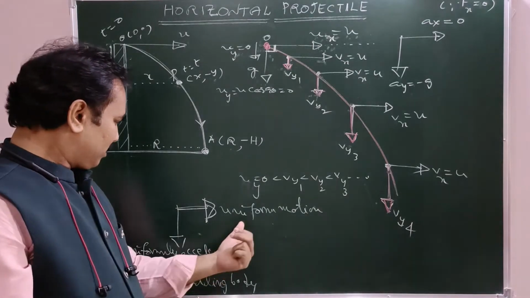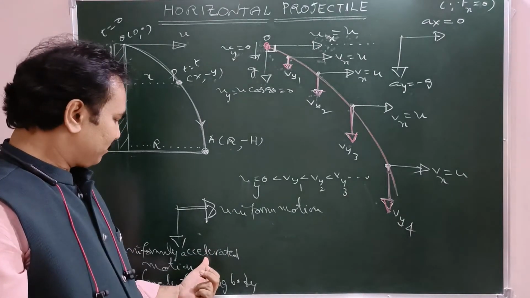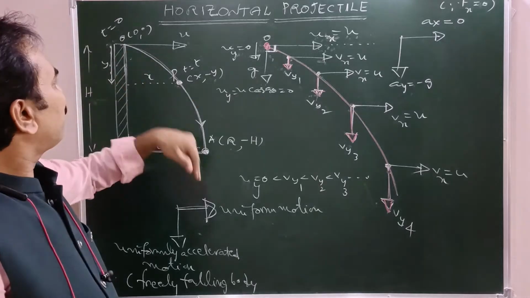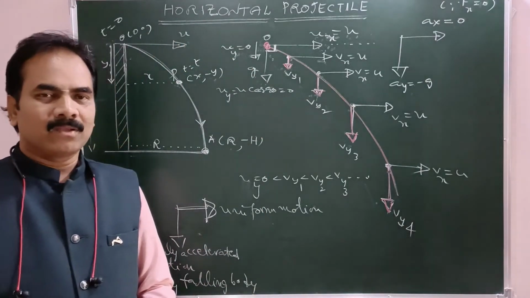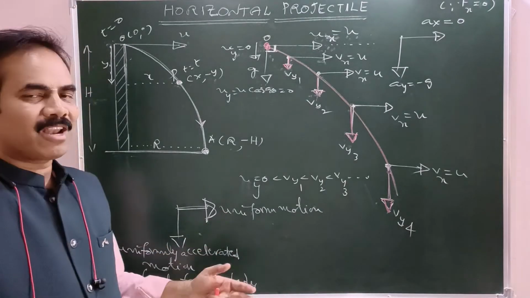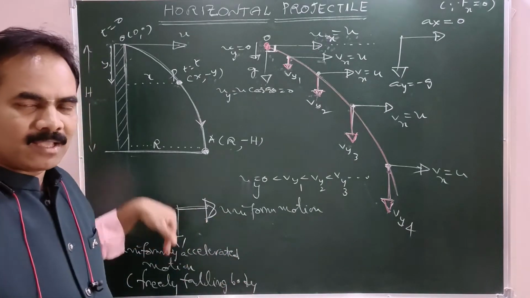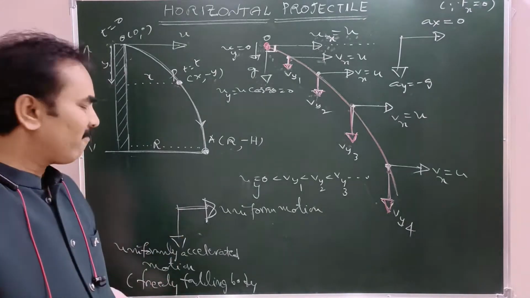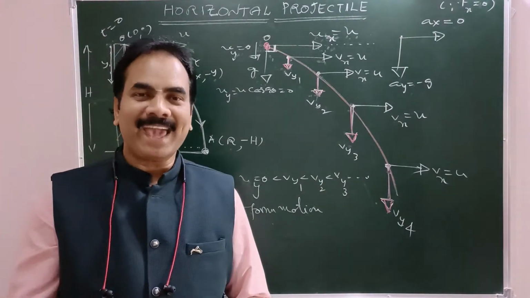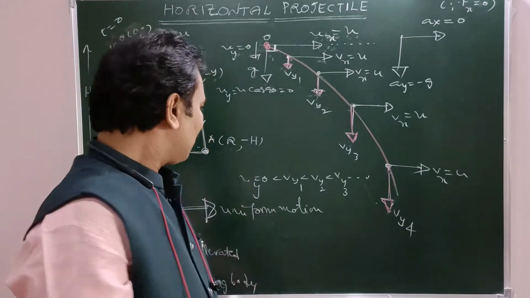These two motions collectively form the motion of a horizontal projectile. It's a combination of two motions: one is uniform motion along horizontal, another is uniformly accelerated motion along negative y-axis, otherwise freely falling body along negative y-axis. Okay, right?